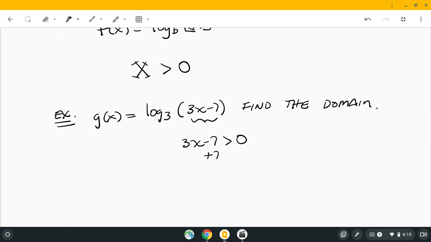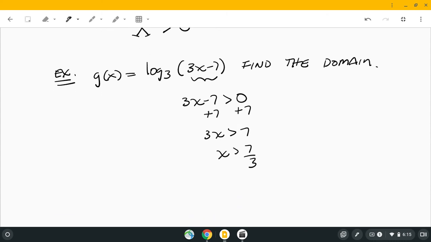And so I go ahead and I solve. So x has to be greater than 7 over 3. If you are going to write this in interval notation, another way to write that is 7 over 3 all the way to positive infinity.